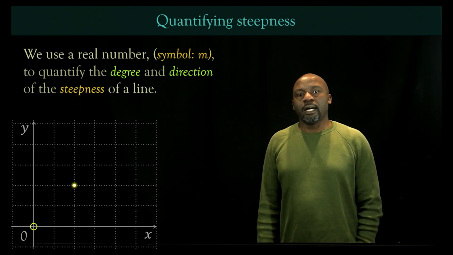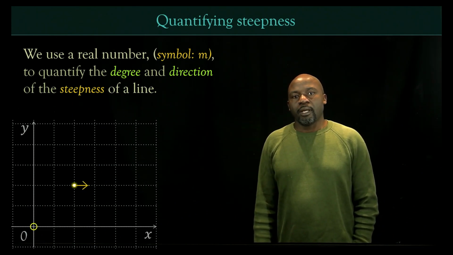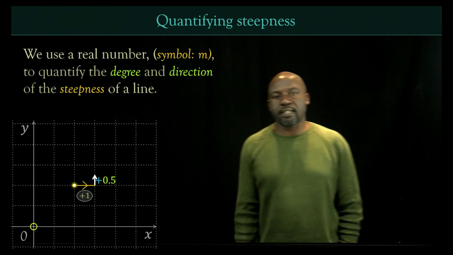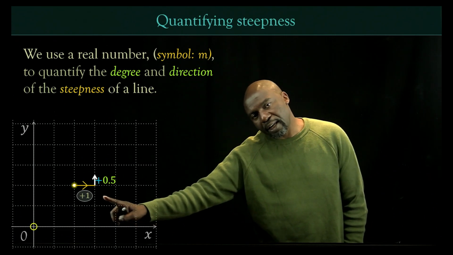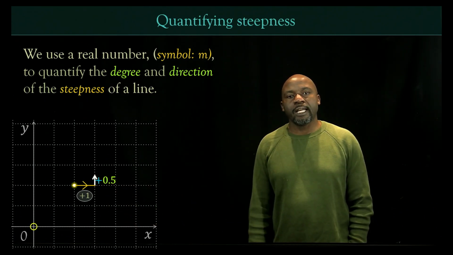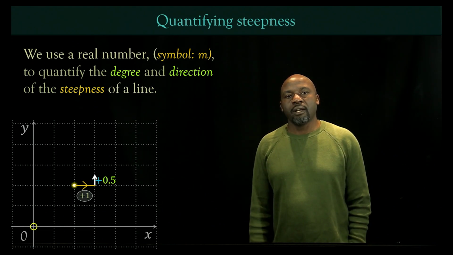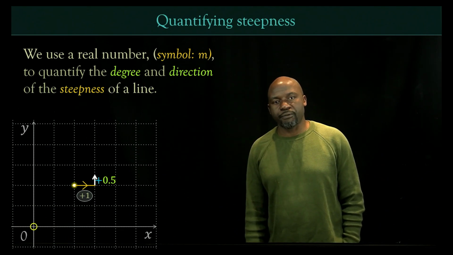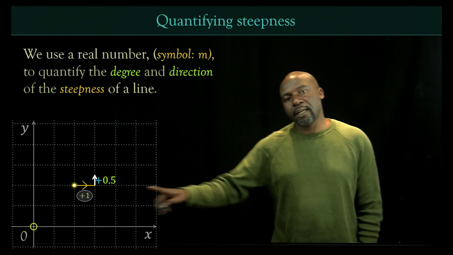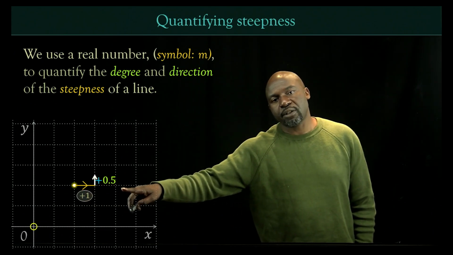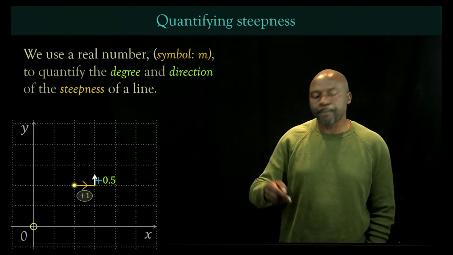Here's another example. In this case, a movement of 1 step in the positive x direction results in half a step in the y direction. So clearly, whatever I'm going to draw here must be aligned with a steepness of positive 0.5. To see it clearly, if 1 results in a half, then 2 must result in 1 full.